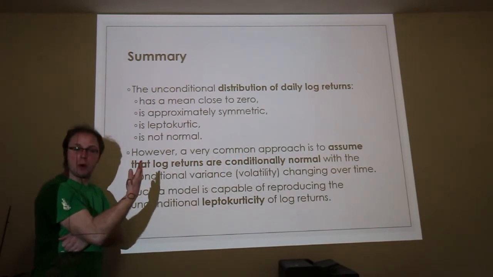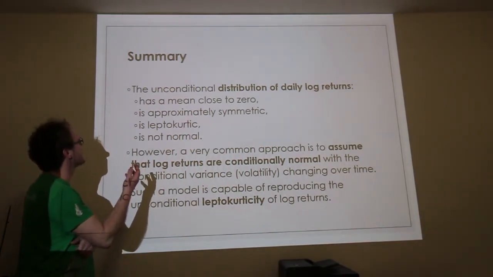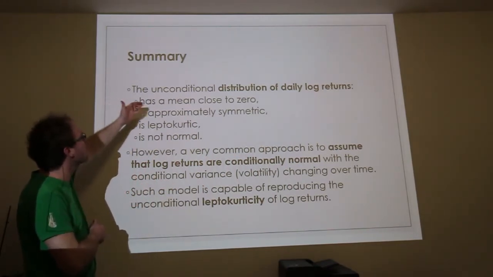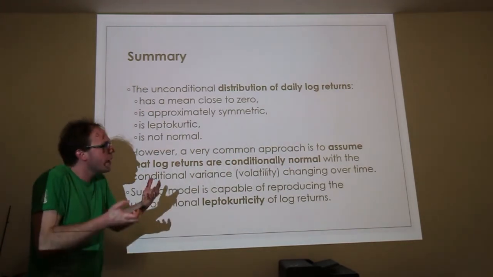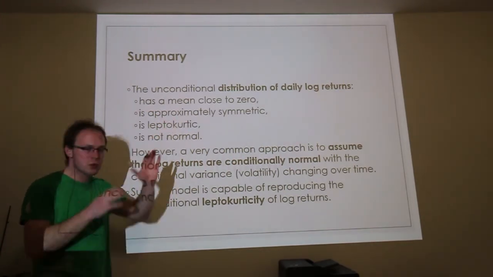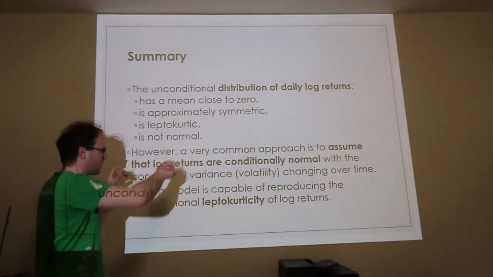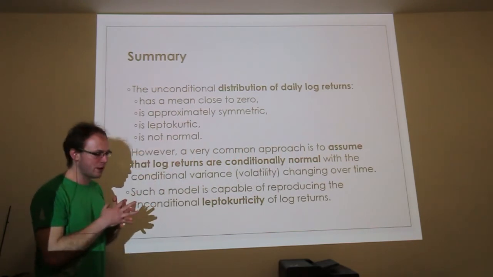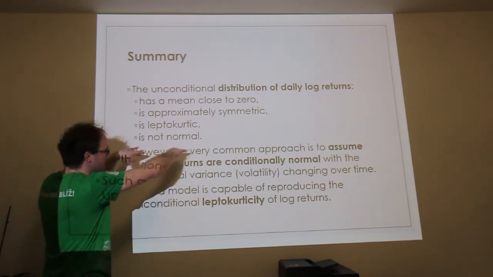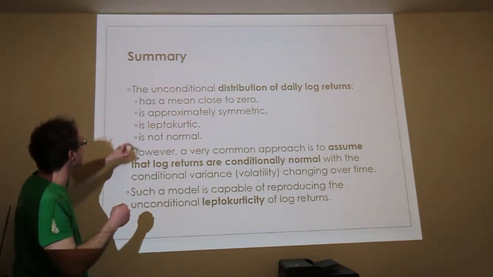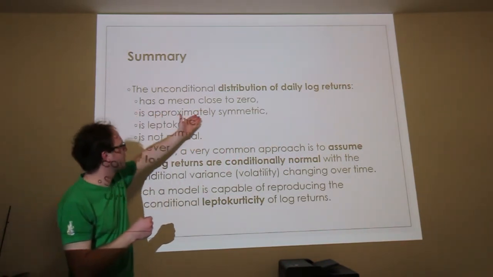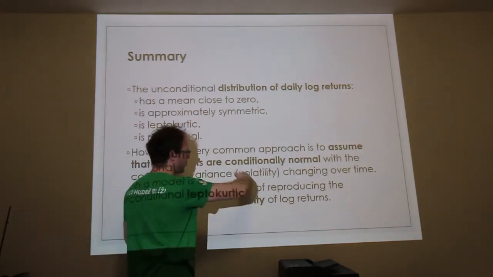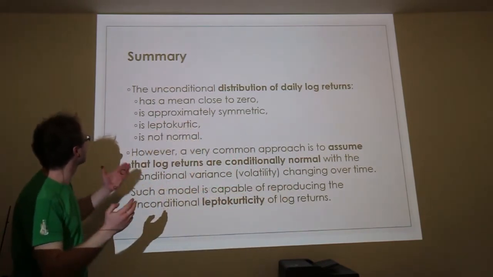Let us summarize what we have seen in previous examples. The unconditional distribution of daily log returns has a mean close to zero. You could see this in the chart where I showed you oscillating values around the zero conditional mean. It is approximately symmetric. You remember the distribution which I showed to you.